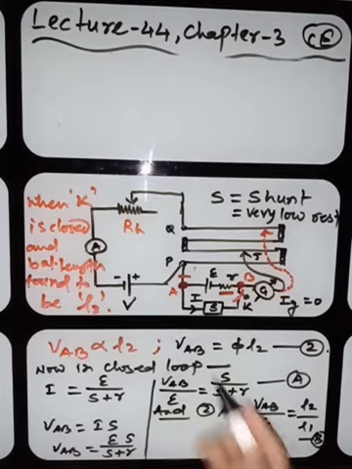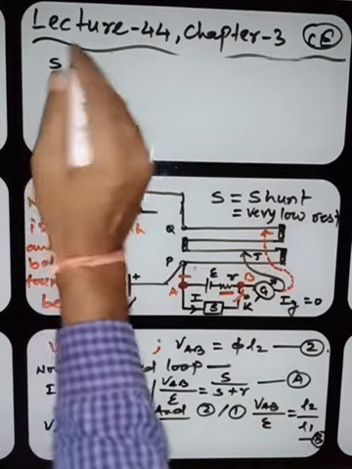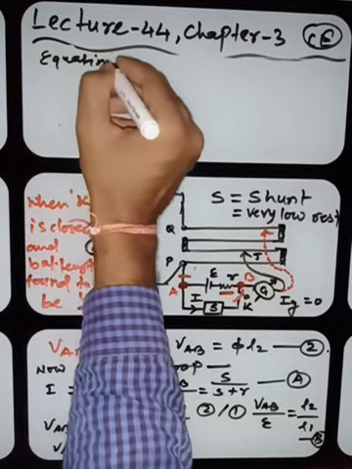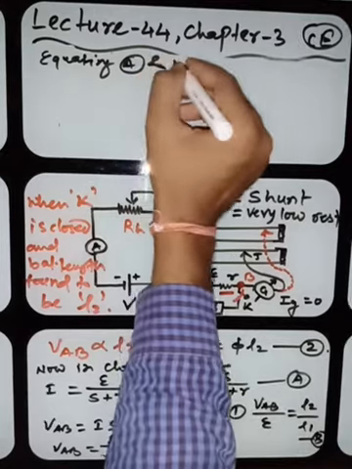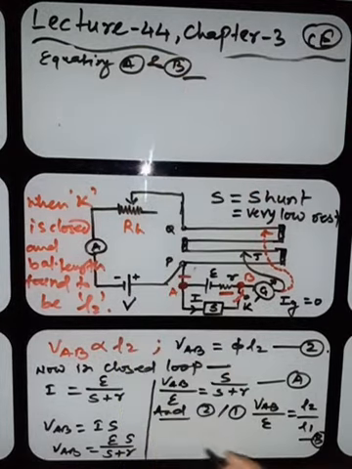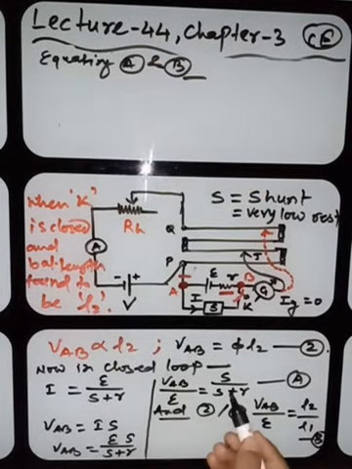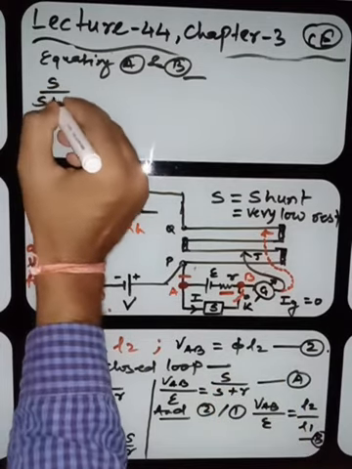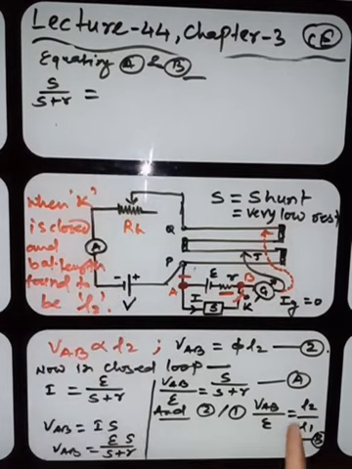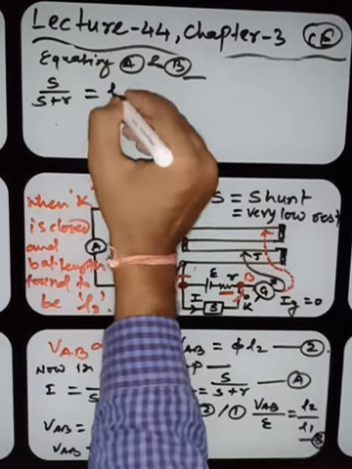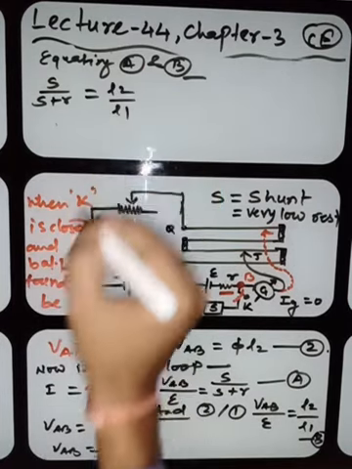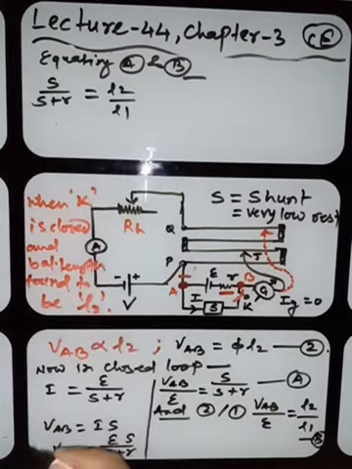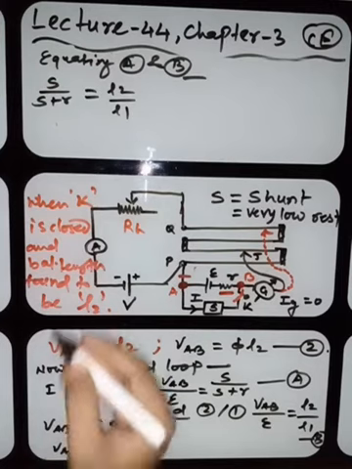So equating A and B, S by S plus R equals L2 by L1. We have to find the value of R. What do we have to find? Yes, the value of R.